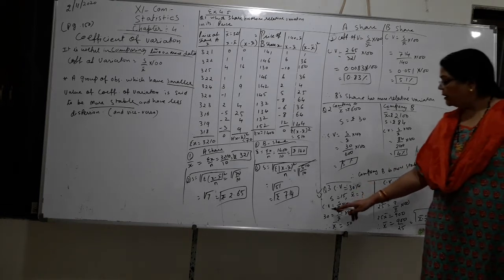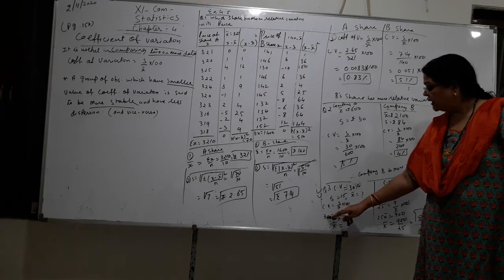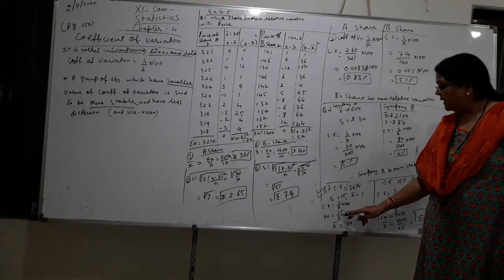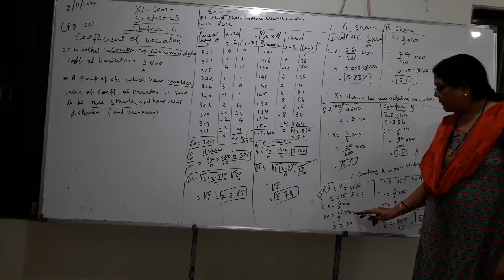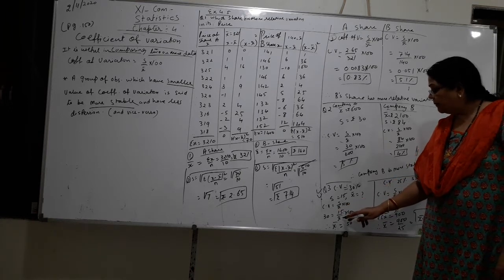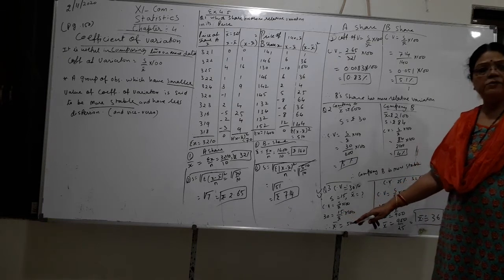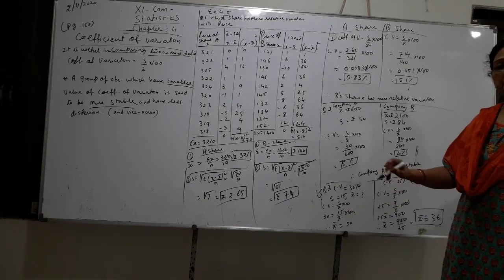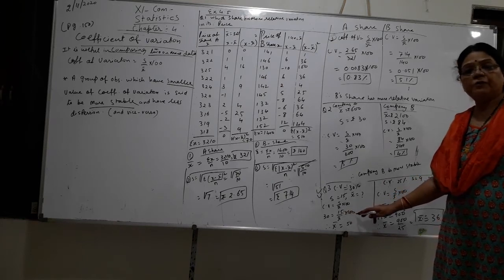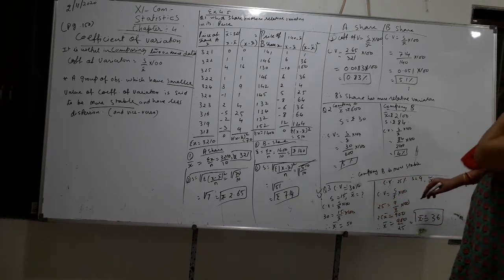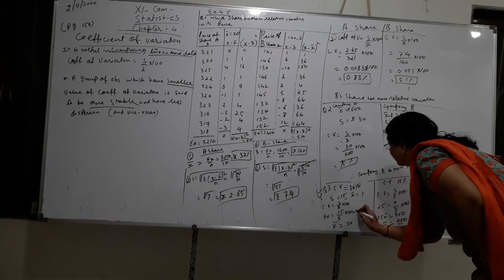So CV, the coefficient of variation, is 30, S, the standard deviation, is 15, and x bar we have to find. CV equals S upon x bar multiplied by 100. So 30 multiplied by x bar, you will get 30 x bar equal to 15 multiplied by 100. So you will get 1500. Okay, if you want, I will write it down here.